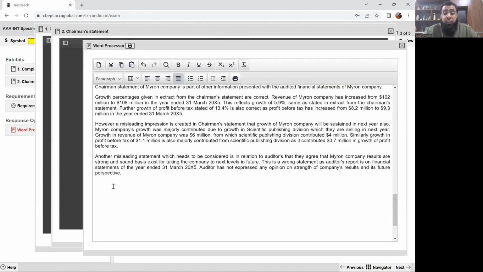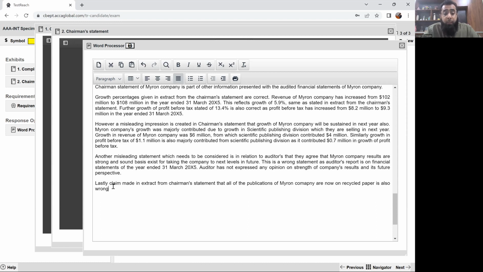So lastly, the claim made in the extract from the chairman's statement that all of the publications of Myron company are now on recycled paper is also wrong.